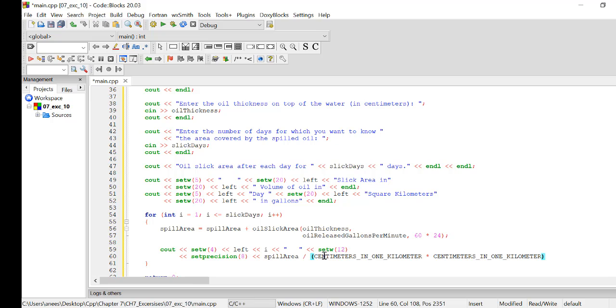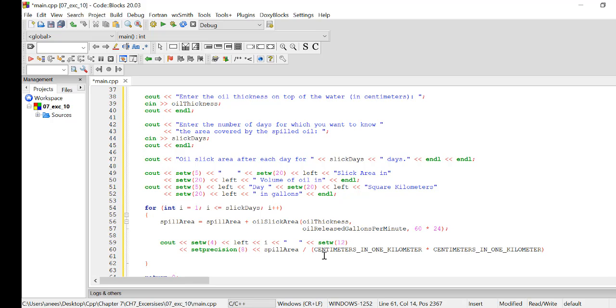So you pretty much just square it. One, two, three. Set precision to 2.